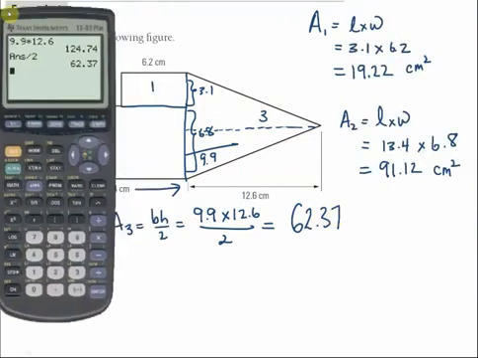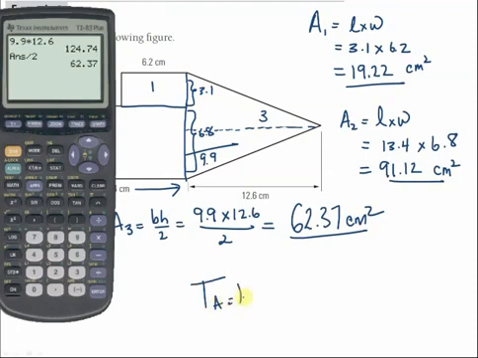So the last thing we're going to do is take each of these three areas and add them all up. So the total area is area 1 plus area 2 plus area 3. Alright, so these numbers that we have totaled, each one separately, I'm just going to clear the screen and add the numbers up. 19.22 plus 91.12 plus 62.37.